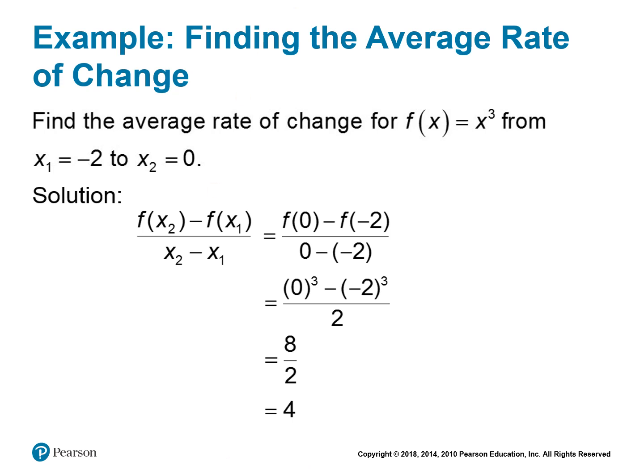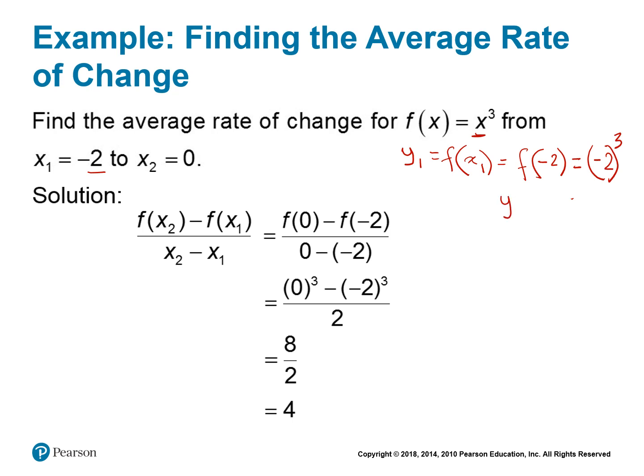Okay, we need to find y1, correct? So y1 is the same as f of x sub 1, which is f of, how much is x1? Minus 2, right? f of minus 2. So we are going to plug in minus 2 into x in the equation x cubed, and we will get a value.